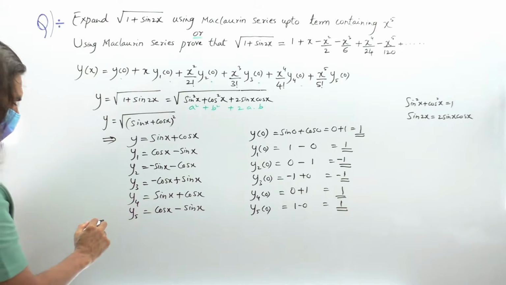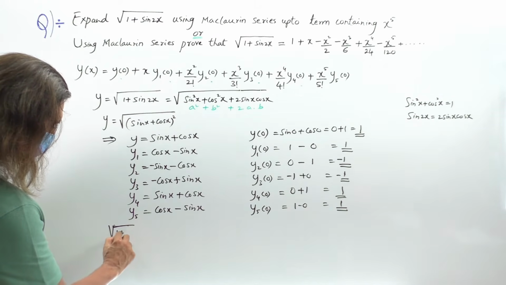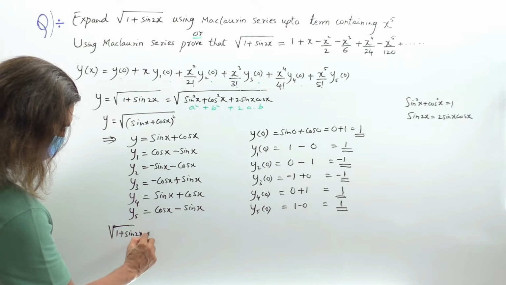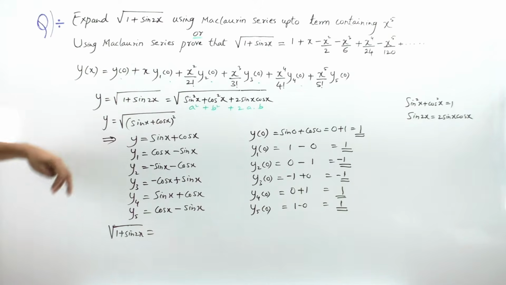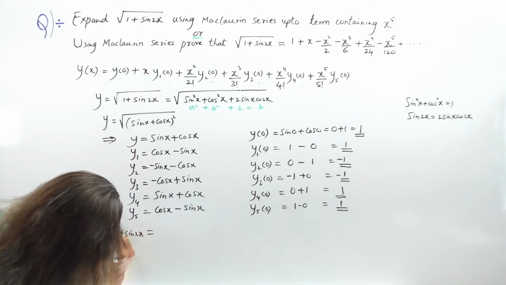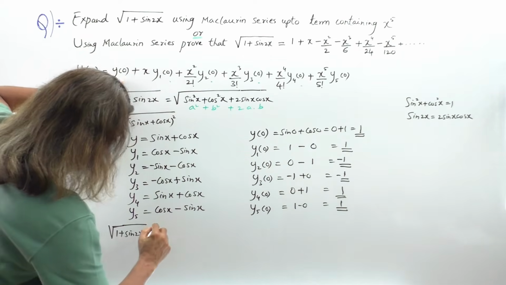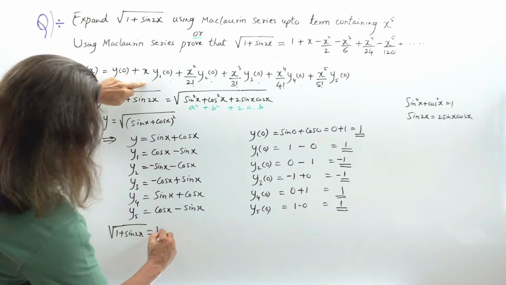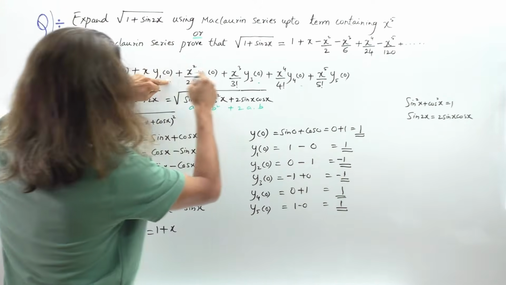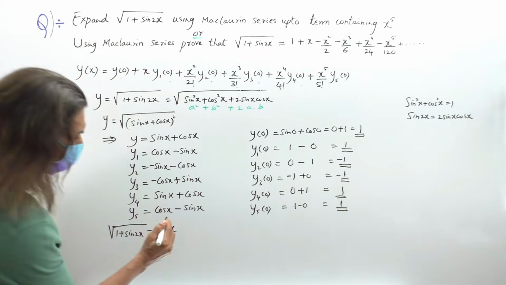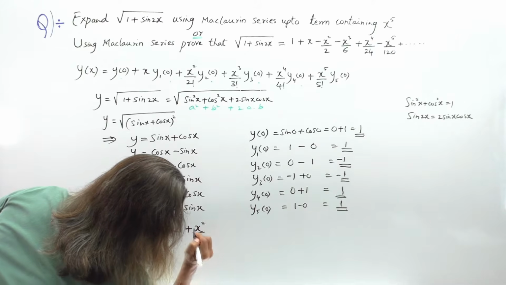Therefore, let us put in the series. So, we are solving for root of 1 plus sin 2x. Put in the series now. So, what is this? Tell me. We have y of 0, 1, plus x into y1 of 0, which is 1, plus x square by 2 factorial.